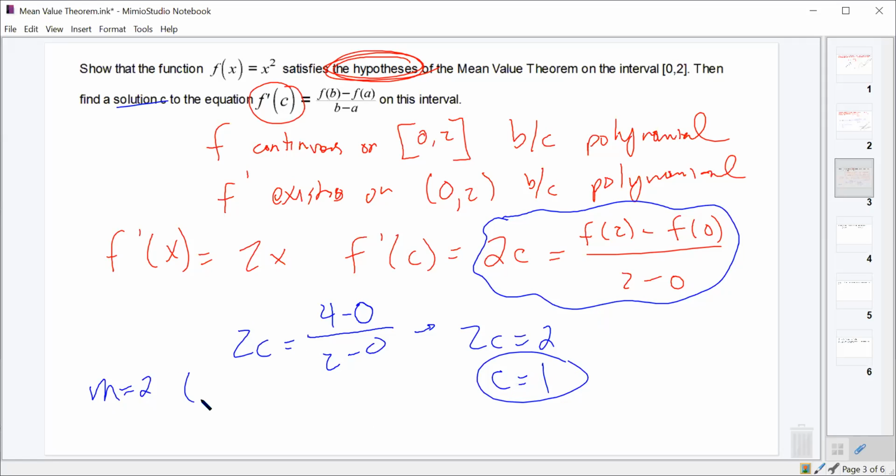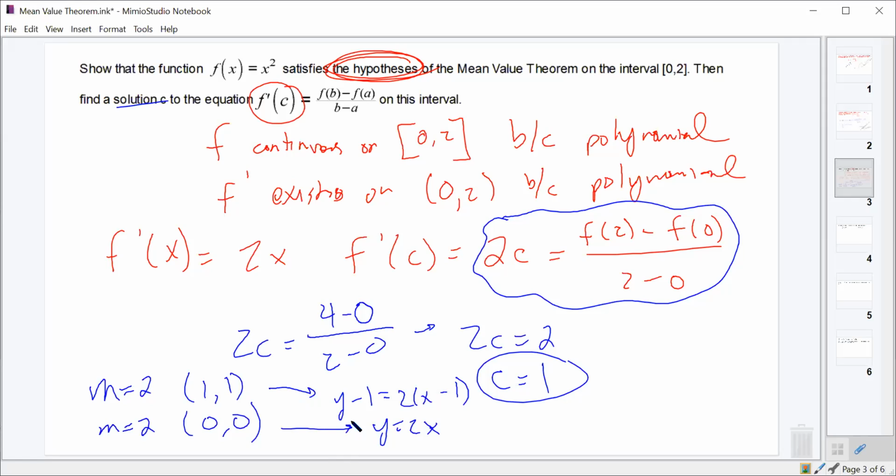One of those has to go through the point 1, 1, and the other one needs to just go through the point 0, 0, right through the origin, because that's one of the points that we just used. So this would look like y minus 1 equals 2 times x minus 1, or just y equals 2x down here for the two different lines.